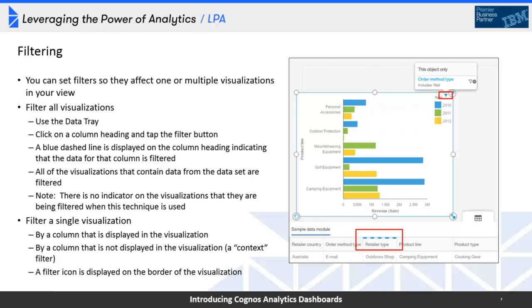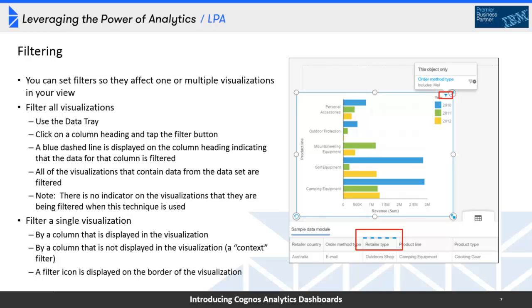Now, filtering is an important aspect of interacting with a dashboard, and there are 4 different ways that you can filter data in a dashboard, and I will show all of those ways in my demonstration. The first way is to use the data tray, and that's a global filter approach. So if I, in the picture here, wanted to filter all of the widgets from this sample data module to a certain set of retailer types, then I would use the data tray, click on the header and retailer type.